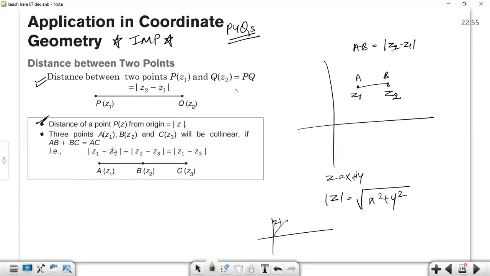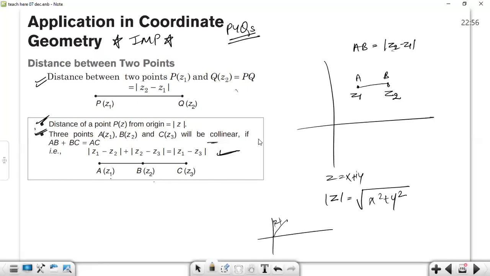If A, B, C are 3 points on a line, it is for sure that AB length plus BC length will be equal to the complete AC length. Writing that in complex form, modulus of Z1 minus Z2 plus modulus of Z2 minus Z3 should be equal to modulus of Z1 minus Z3. So 3 points are collinear. This is the condition which has to be satisfied.